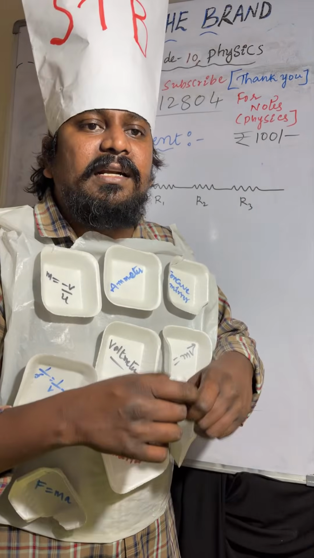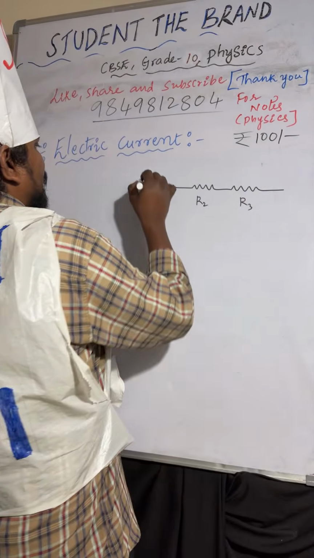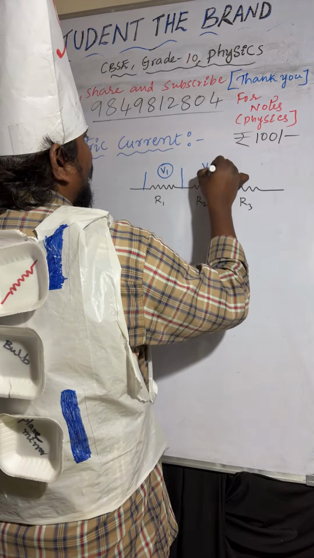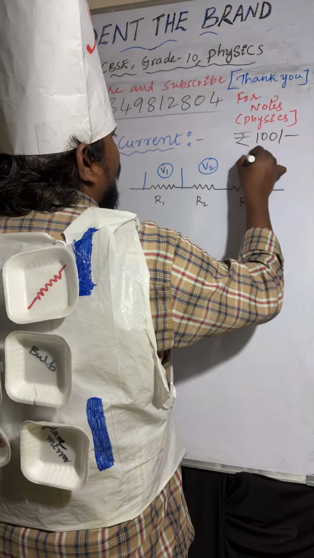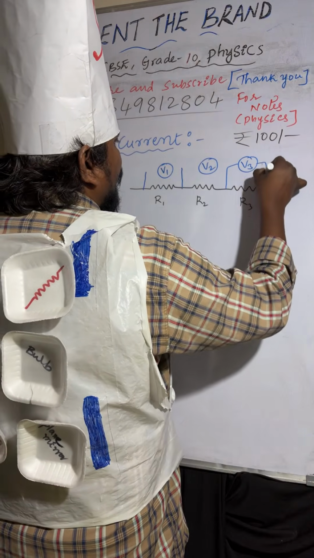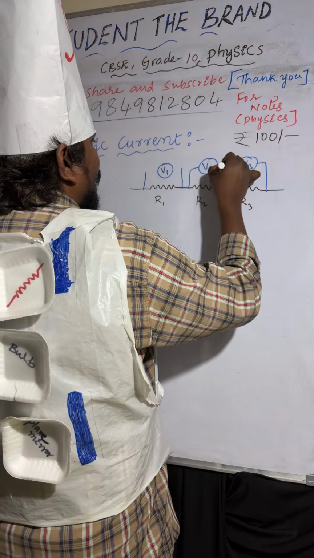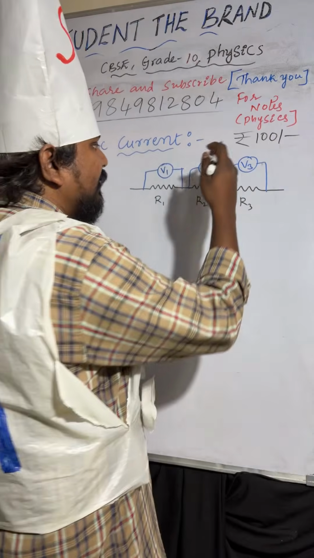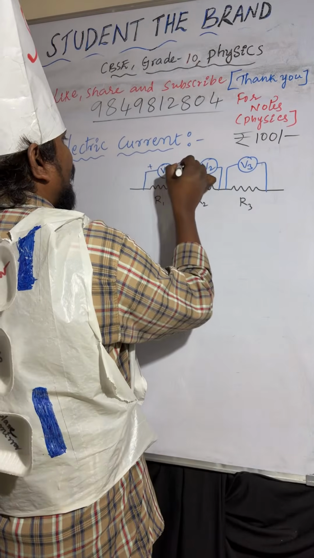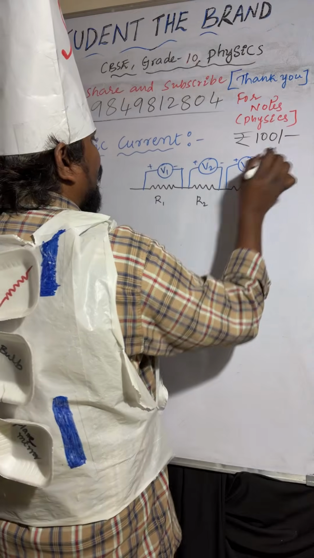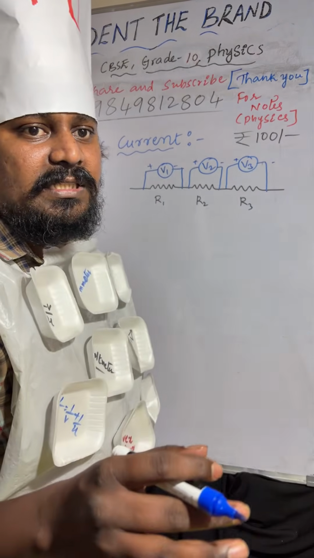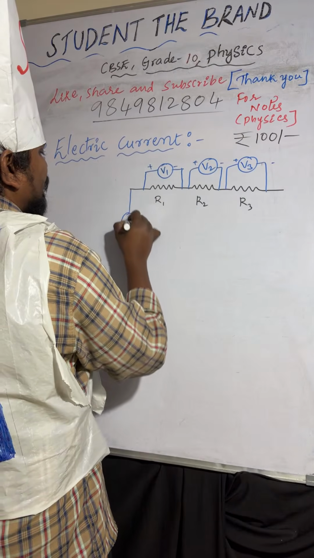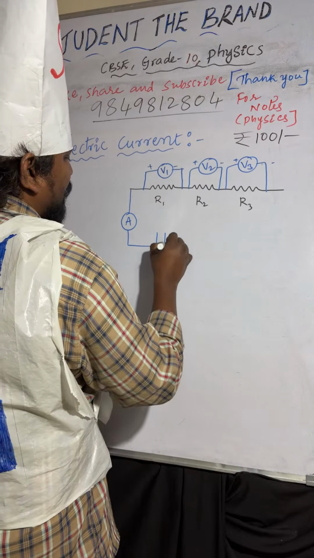Across R1 I am connecting V1, across R2 V2, and across R3 V3. So those 3 resistors are connected in series combination.